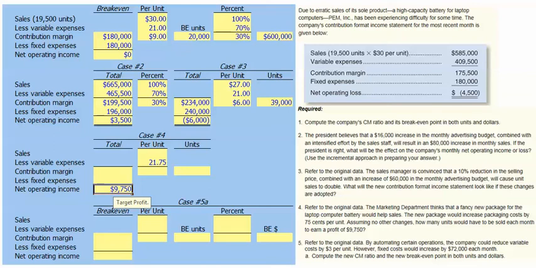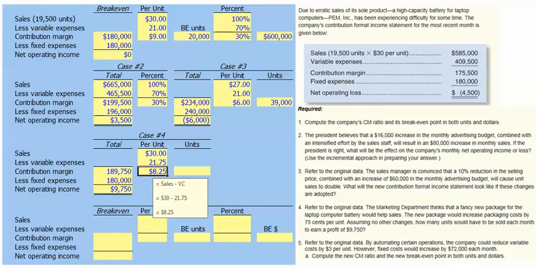Our net operating income or target profit will be $9,750. Our fixed costs remain constant at $180,000, which means in order to achieve our target profit, we will need to earn a contribution margin of $189,750. Our selling price hasn't changed. It remained at $30 per unit, which means our contribution margin per unit will decrease to $8.25.